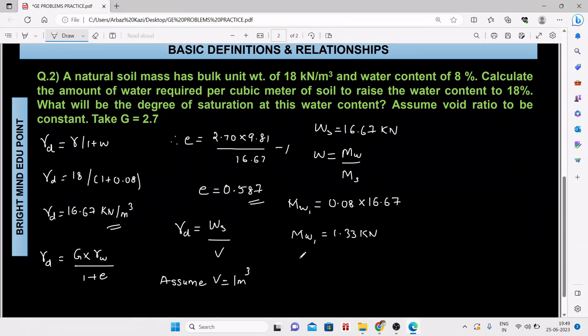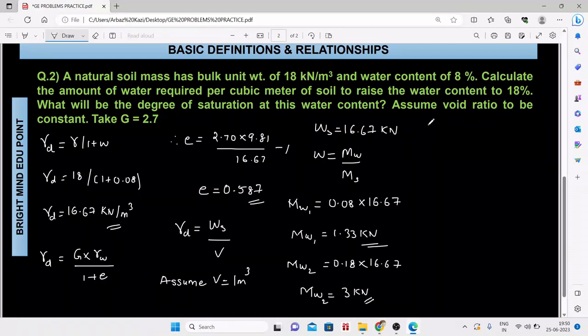Similarly, when the water content was raised to 18%, the weight of water will be equal to 0.18 into 16.67. On solving, we'll get the value of weight of water corresponding to 18% moisture content as 3 kilonewton.